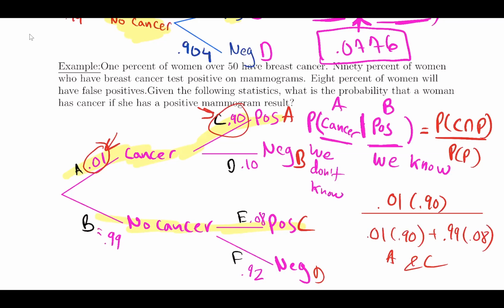So you get 0.01, that's where the 0.01 comes from, and the 0.90 from there. And then if you look at branch C, you get 0.99 from here. And you also get the 0.08 because that's a positive test result. So that's how you get the 0.99 times the 0.08.